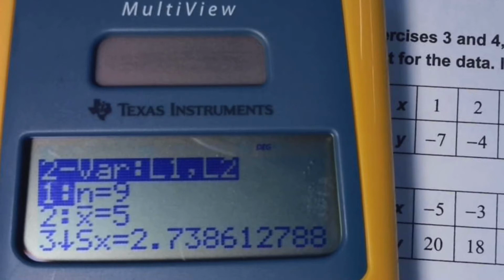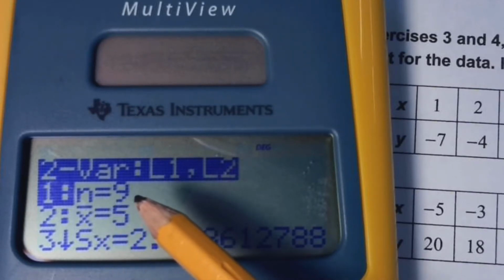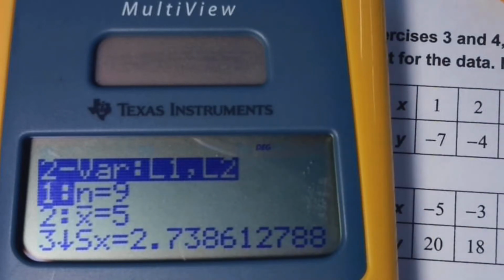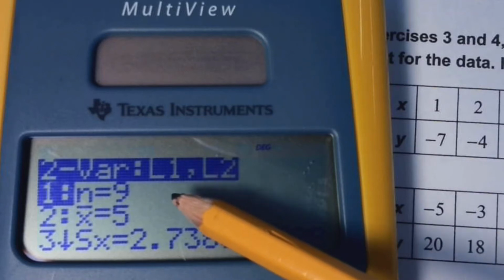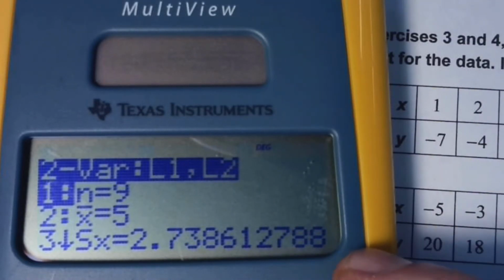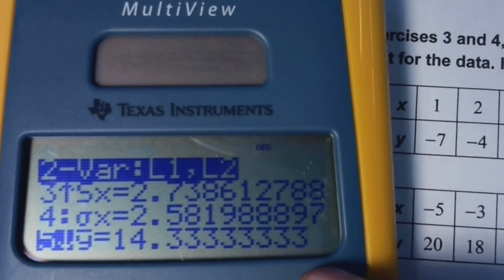The first thing that we are going to need is, well, number 1, n equals 9. That just says that we put in 9 points. Were we supposed to put in 9 points? 1, 2, 3, 4, 5, 6, 7, 8, 9. So that means you put in all your points. That's just a way to check things. 2 means something, but we're not going to use it. 3 means something, 4 means something, but we're not going to use it.